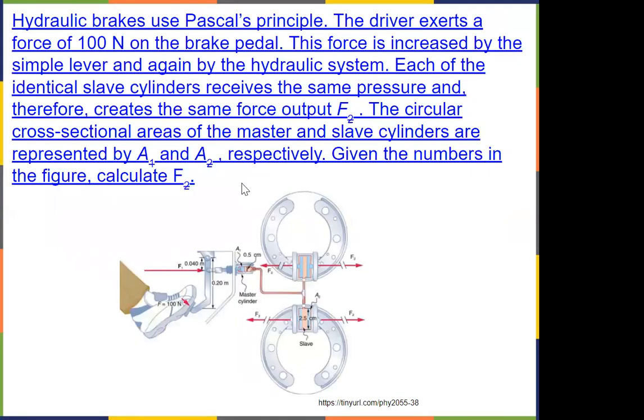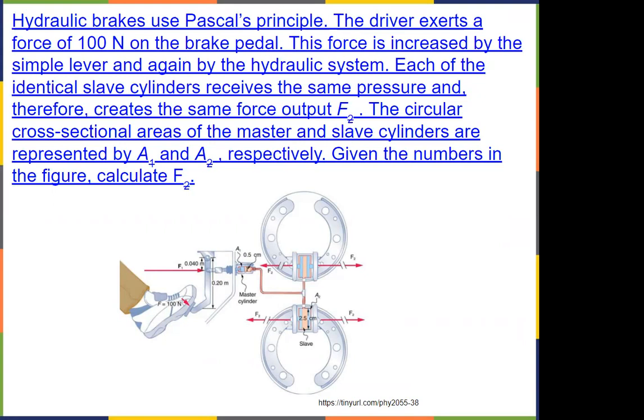All right, so we will take a look at this one here. This one says hydraulic brakes use Pascal's principle. The driver exerts a force of 100 newtons on the brake pedal. This force is increased by the simple lever and again by the hydraulic system.